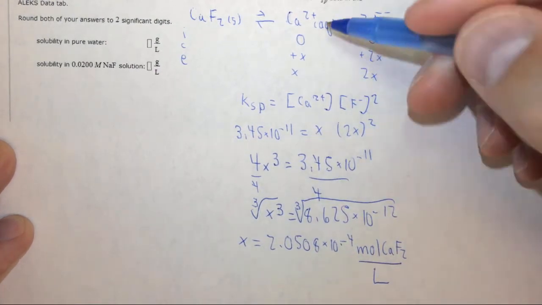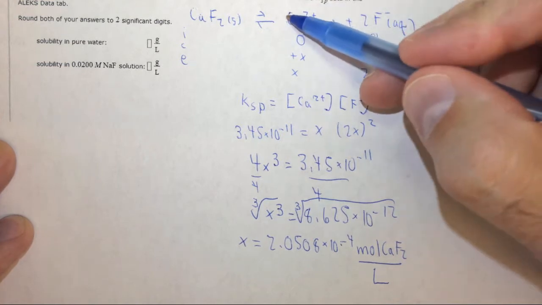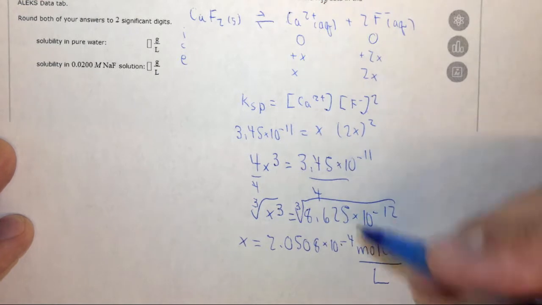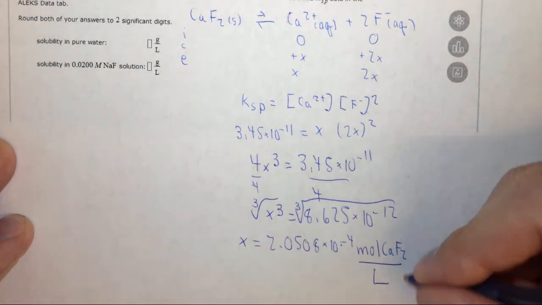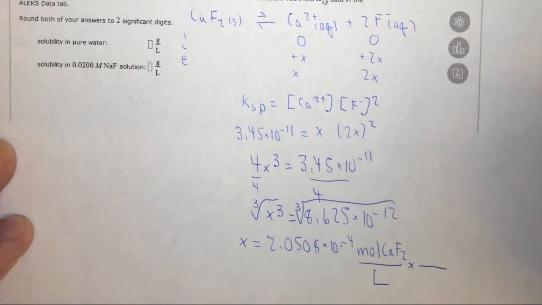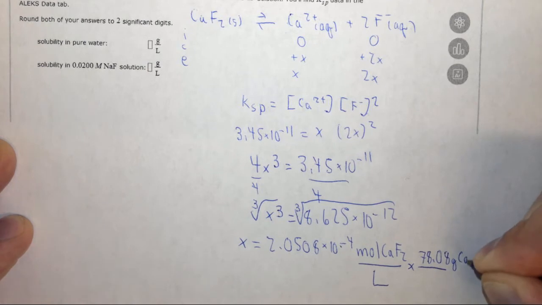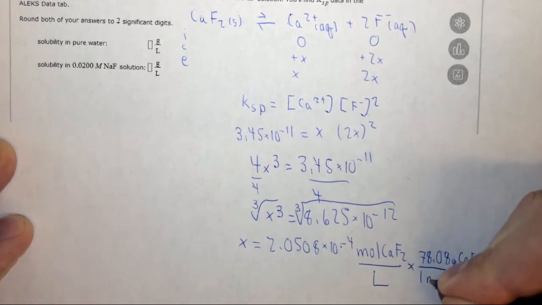So x is the amount of this that goes into solution, and since this is 1 to 1 with this, it's also the molar solubility of this. But we want grams per liter, so we have to multiply by the molar mass, which is 78.08 grams of CaF2 per 1 mole of CaF2.